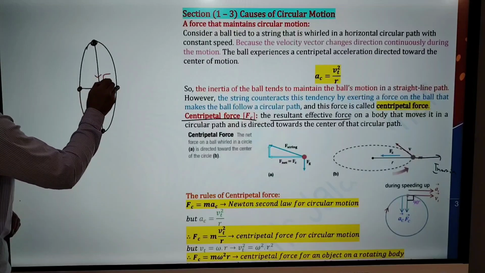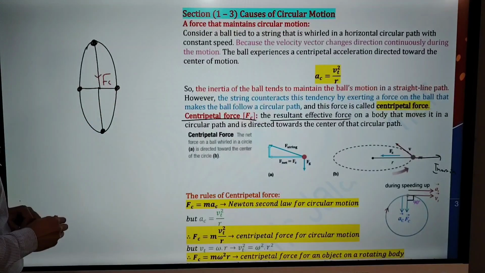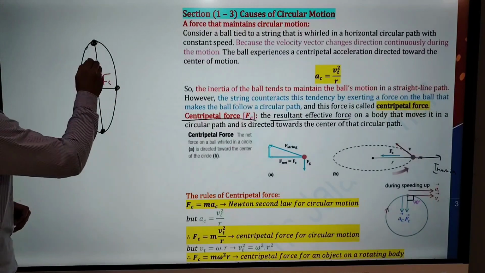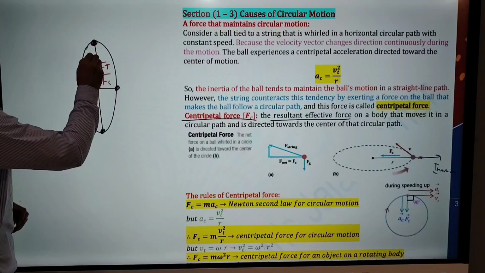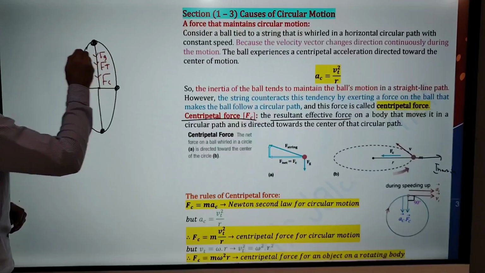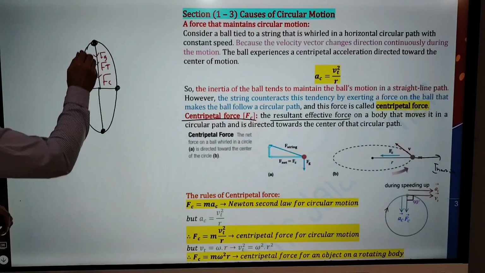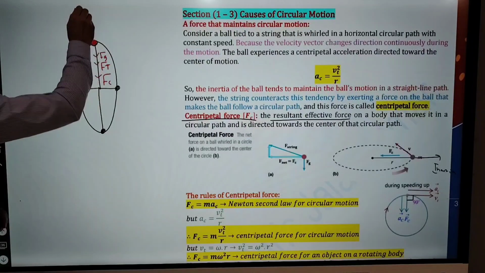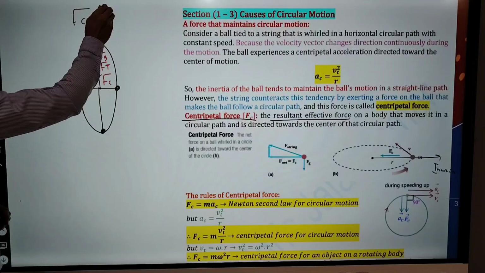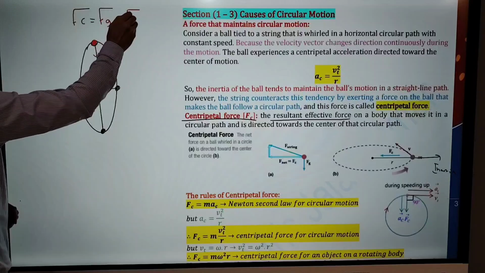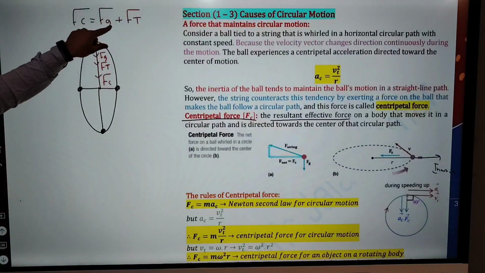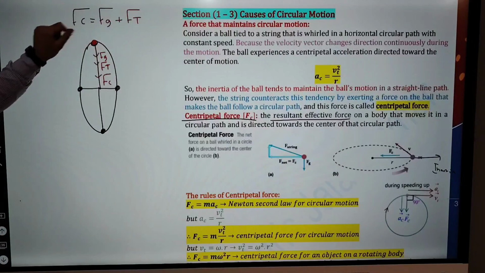The centripetal force is directed toward the center and provided by what? By the tension force and the gravitational force. So at the top, Fc is equal to Fg plus Ft.